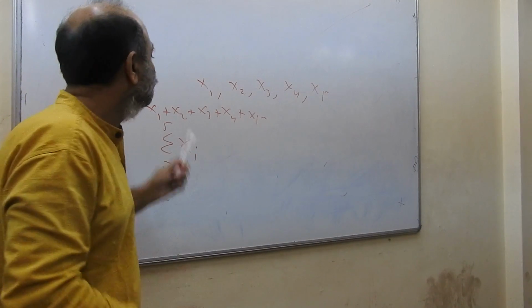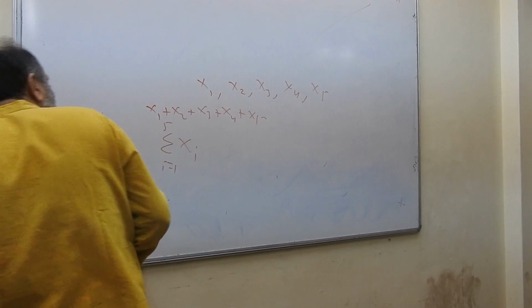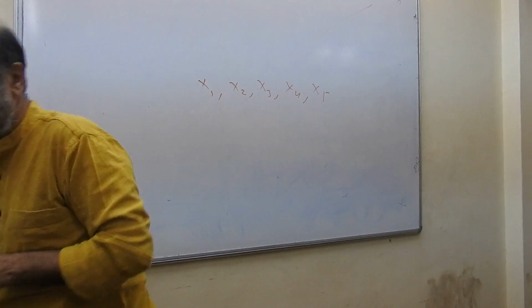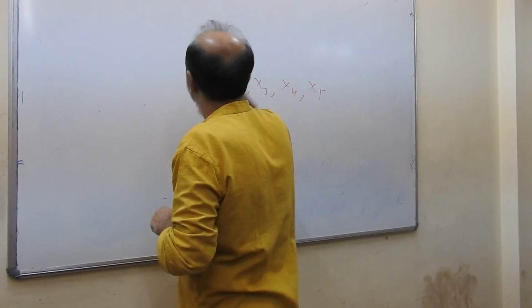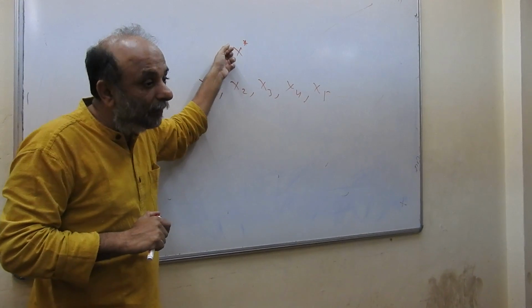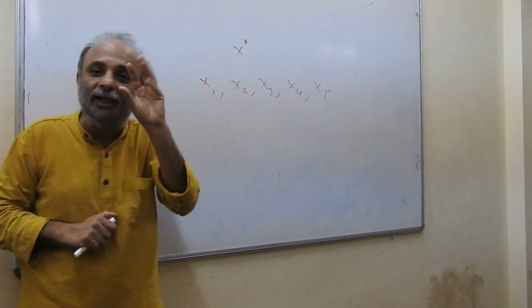Okay, fine. So now, suppose I want to find a number x star, which has the property that the total distance of x star from all these numbers is as small as possible.